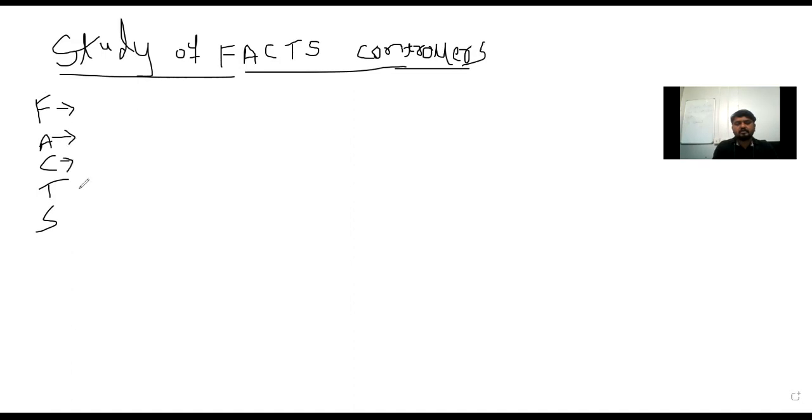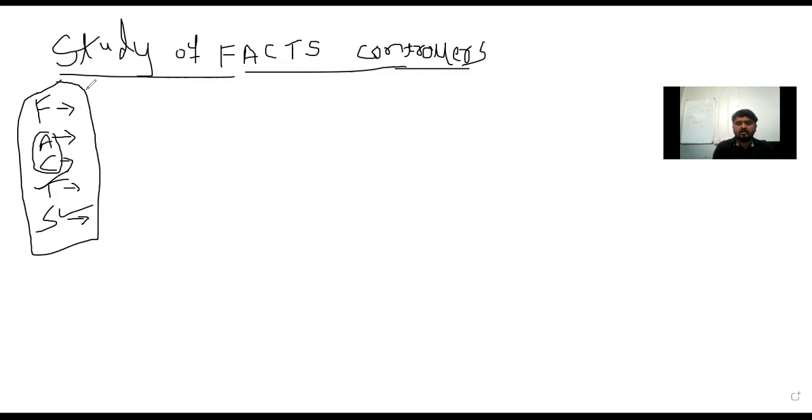FACTS is the flexible AC, alternating current, transmission system. So I am telling the long form of FACTS here.